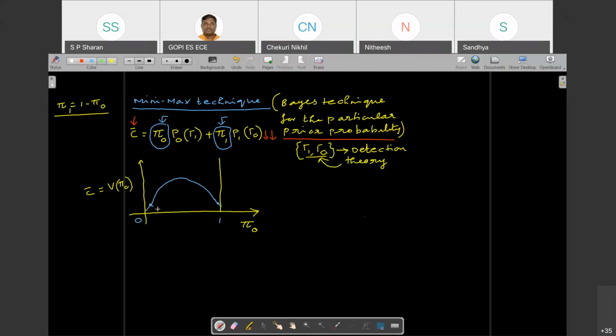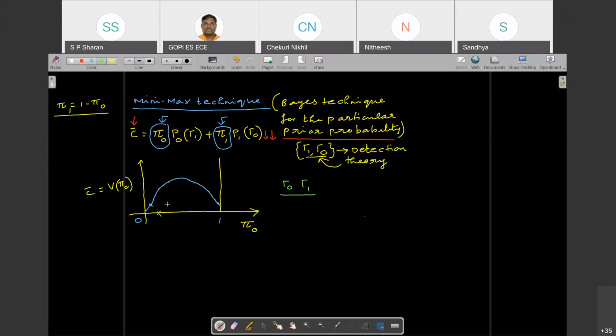For any arbitrary pi naught you choose, you will get this gamma naught and gamma 1 such that this C bar is minimized. So that C bar is the value you see in the curve here. This is the C bar value for a typical value of pi naught. So this is the Bayes cost. All the points you see here are the Bayes cost for a particular prior probability.